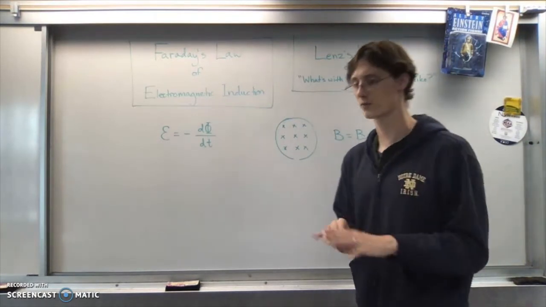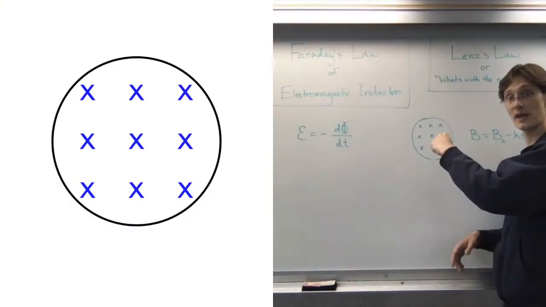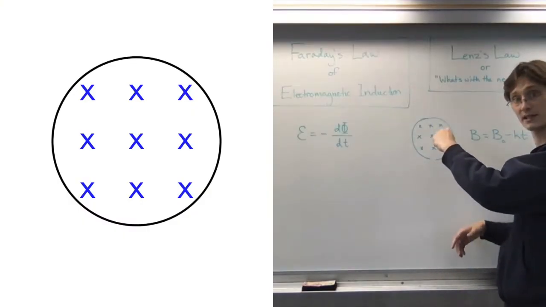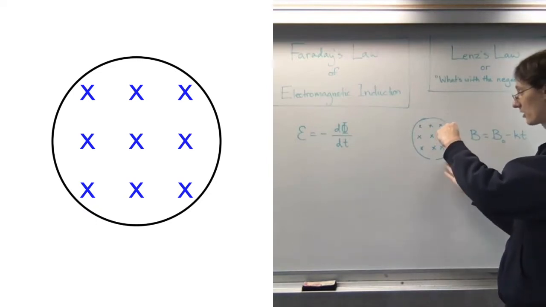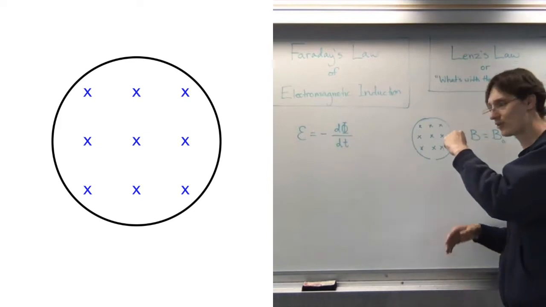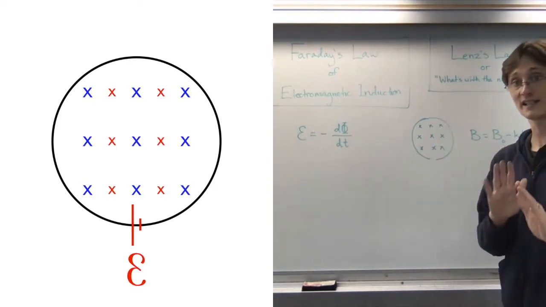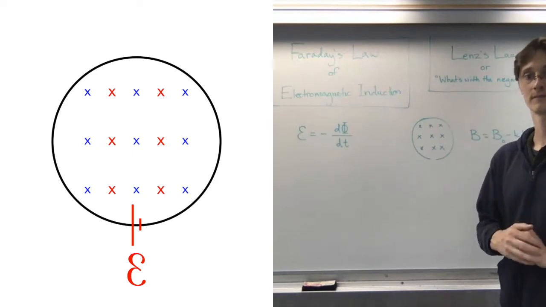All right, so let's walk that logical process through again. If the field is into the page, but it is decreasing in magnitude, the current that will be induced in the loop is going to attempt to make a field that's into the page in order to oppose the decrease in the field.